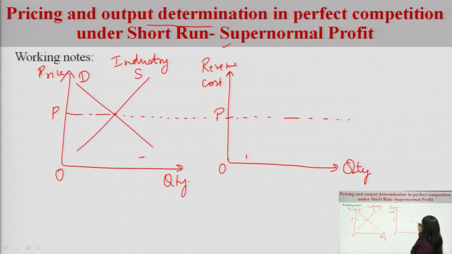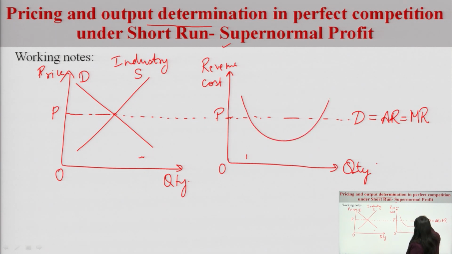Now, let us recall what we have said: in perfect competition, the demand curve is a straight line parallel to the x axis. So, this is the demand of the seller, and demand is equal to average revenue, which we discussed in the previous lecture, and it is also equal to the marginal revenue of the seller.